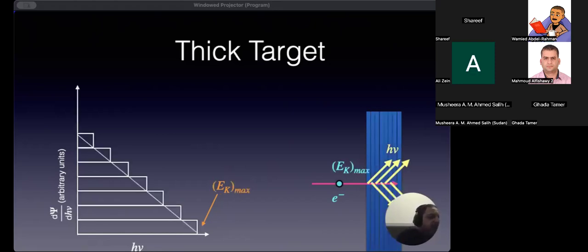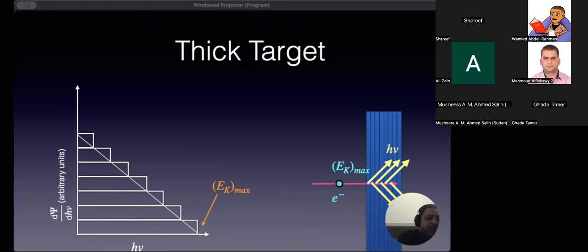In reality, we don't use thin targets, we use thick targets. So the way we approach this is, let's think of this thick target as made out of a number of thin targets. If we have an electron in the first thin target, it's going to interact, producing photons, and the photons produced from this first layer are this in the base here.